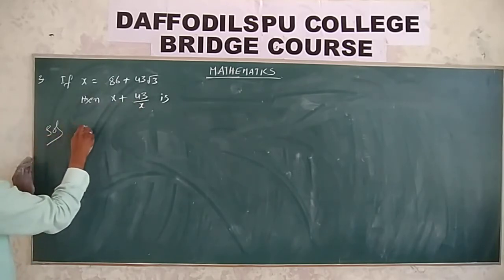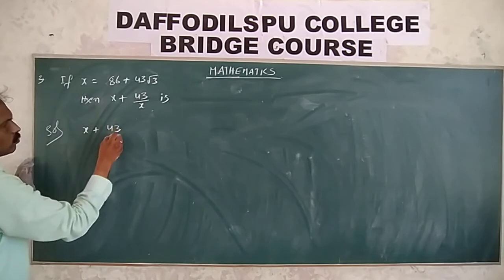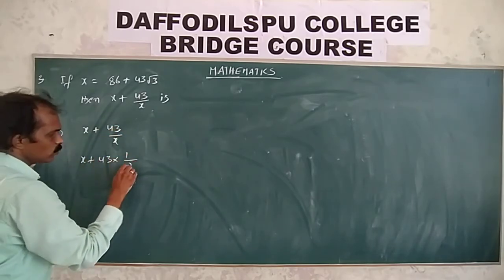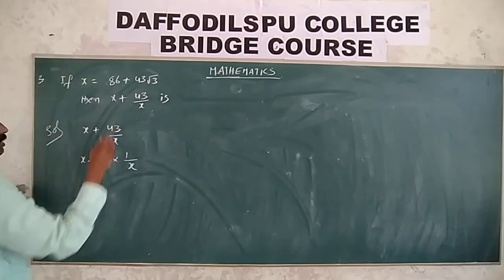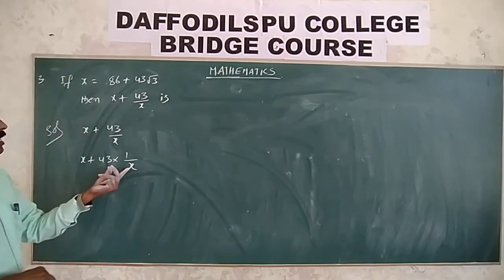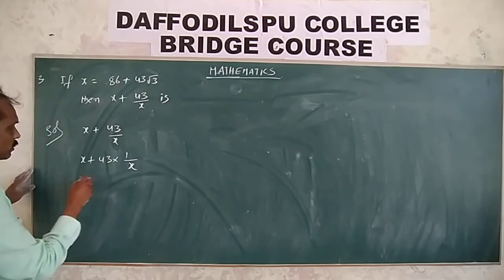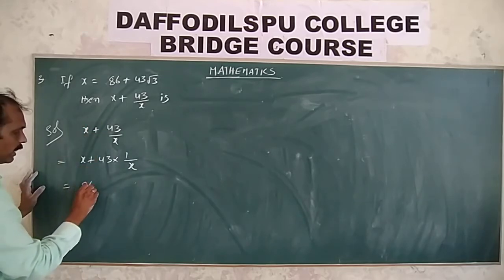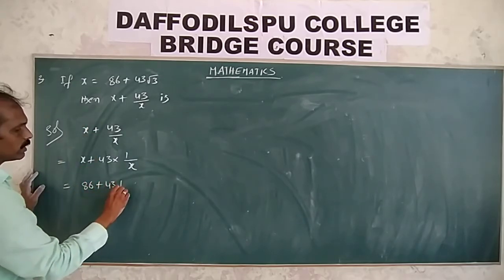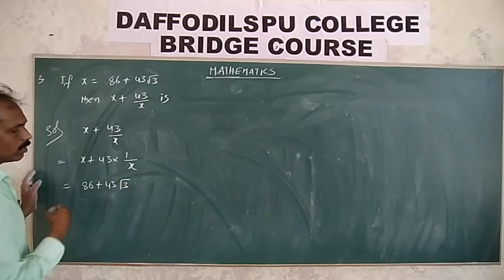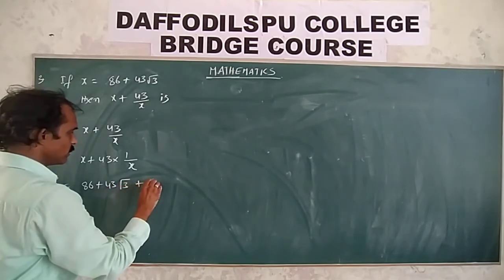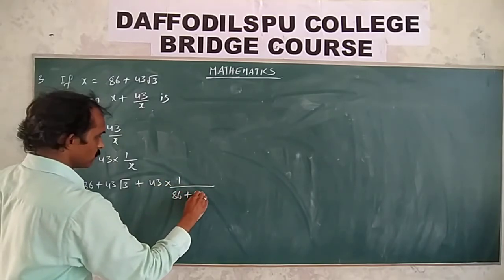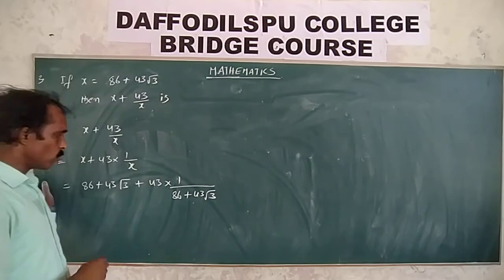How to find this? Solution. x plus 43 by x can be written as x plus 43 into 1 by x. Actually, 1 by x value is first to find, otherwise directly find here only. Therefore, what is x value? x value is 86 plus 43 root 3, plus 43 into 1 by 86 plus 43 root 3.